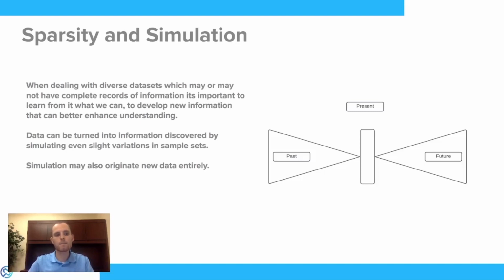See, data can be turned into information discovered by simulating even the slightest variations in sample sets. And simulation may also originate new data entirely. So as we collect information based off of what's happening, we're developing a past view of the events that occurred.